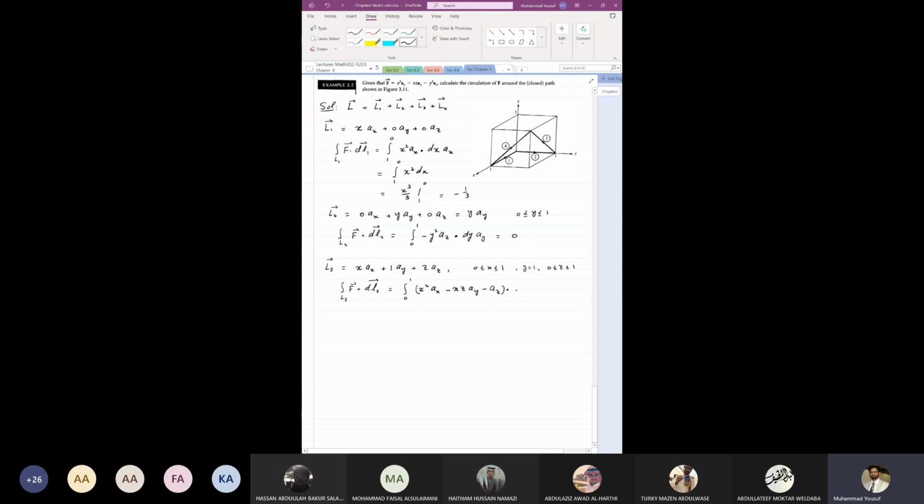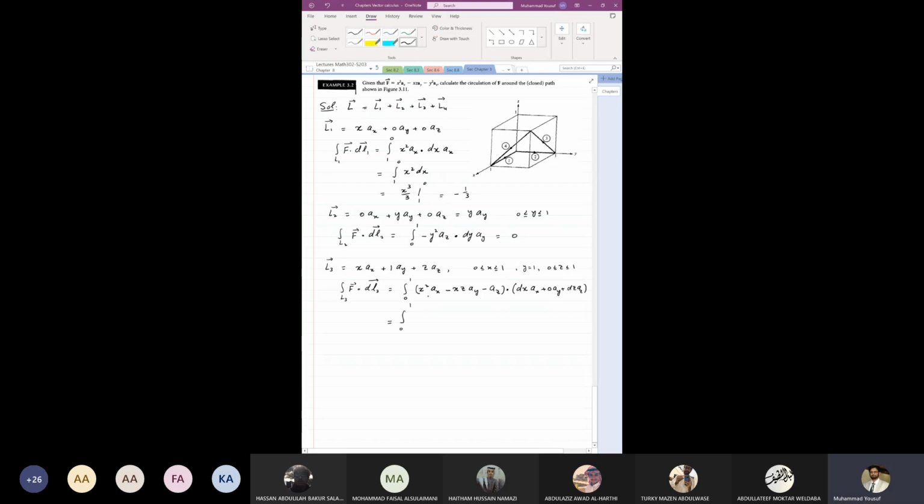This is the vector field. And dl3 is dx ax, dy 0 ay plus dz az. I hope this step is clear. If not, anyone, stop me.